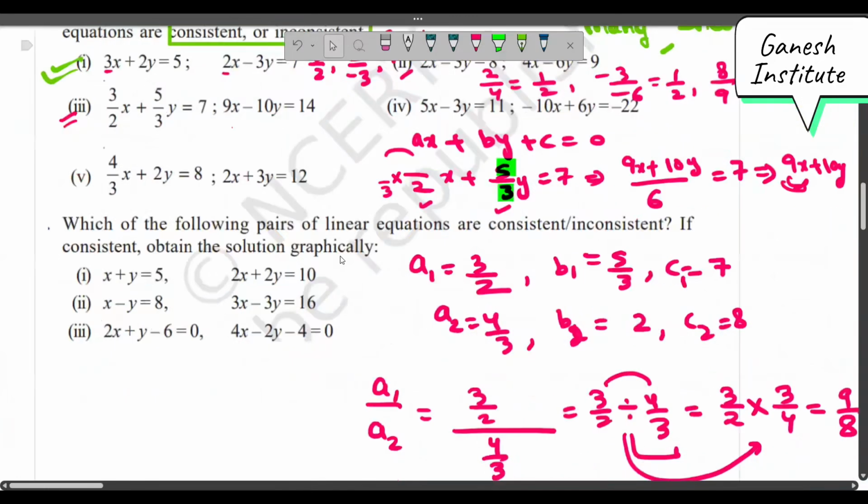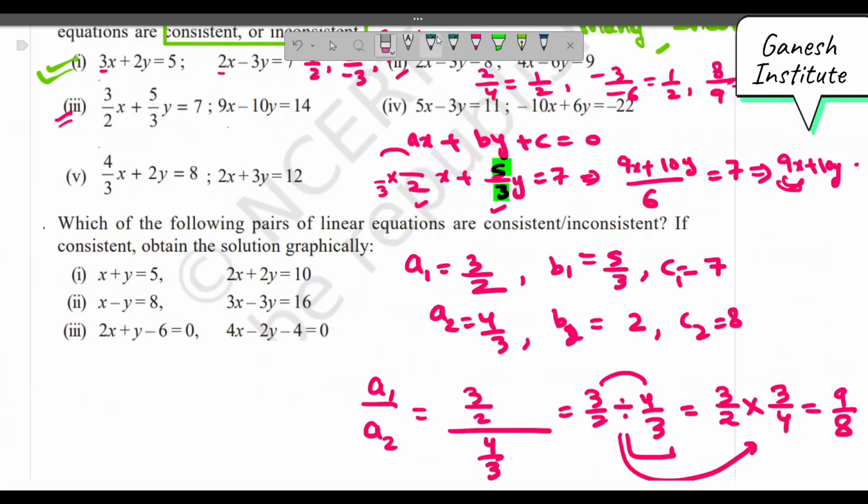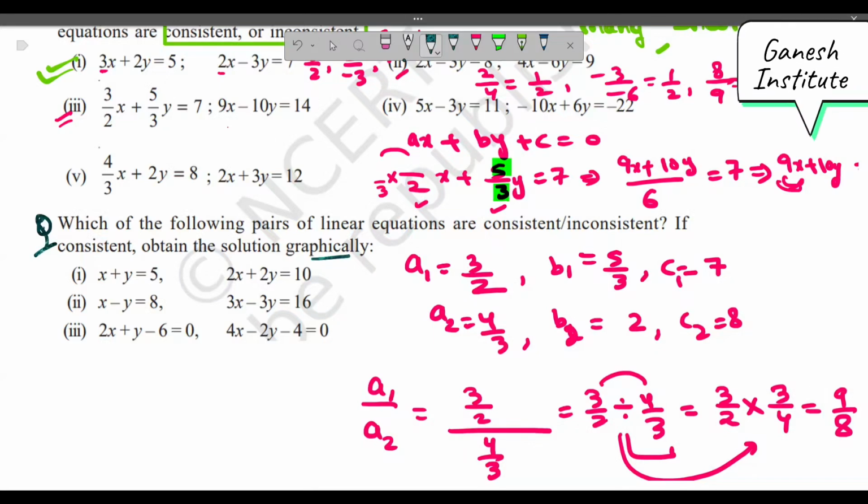Okay. Now again, this question, if you read it, please. Which of the following pairs of linear equations are consistent, inconsistent? If consistent, obtain the solution graphically.